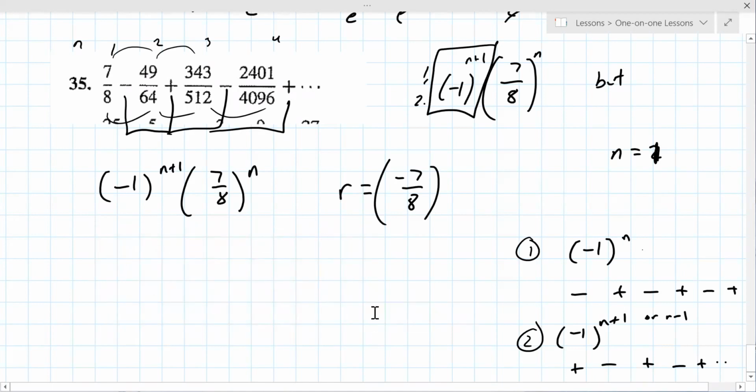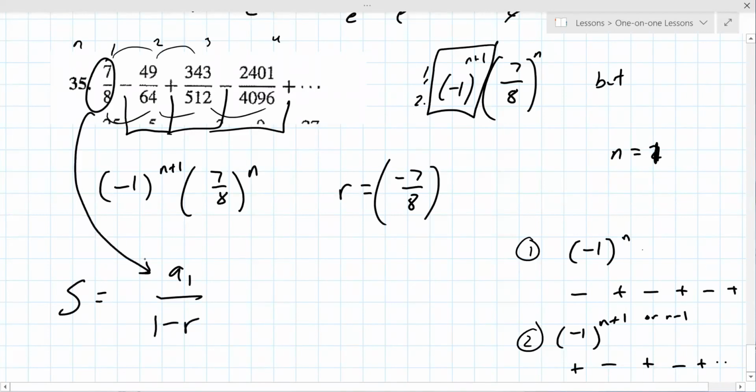Well, so we're finding the sum. The sum is a1 over 1 minus r, and this is a1. A1 is 7/8. Right. And it's also r. So A1 is 7/8, but r is minus 7/8 because that's the ratio between terms. Oh, okay.